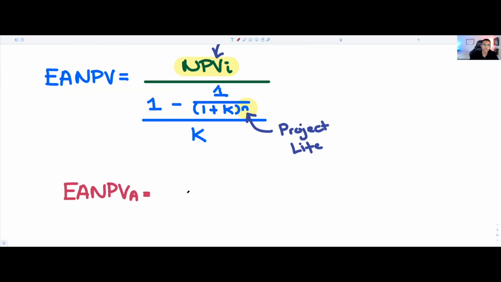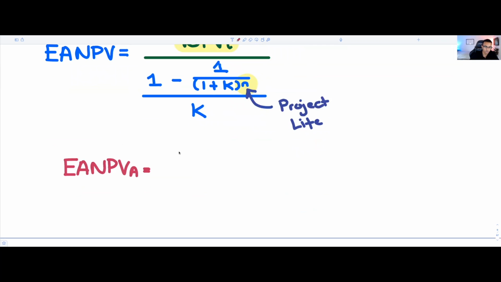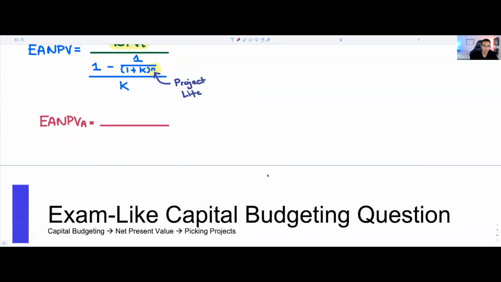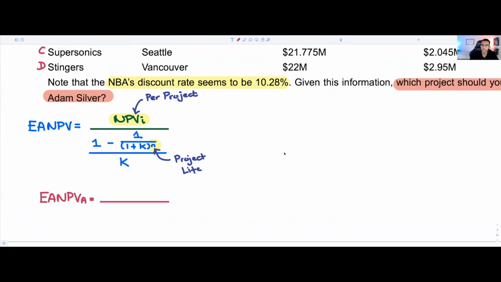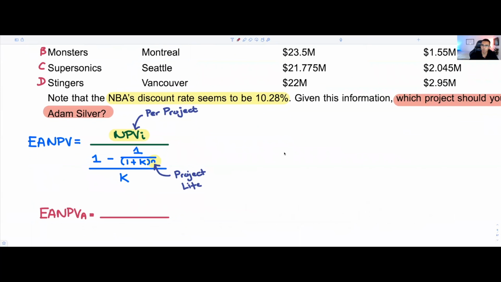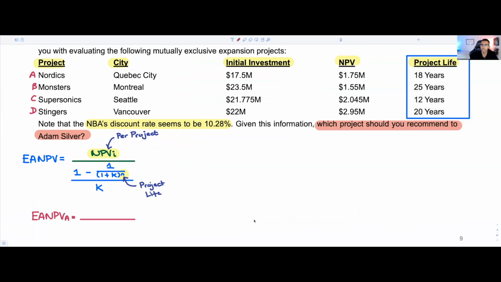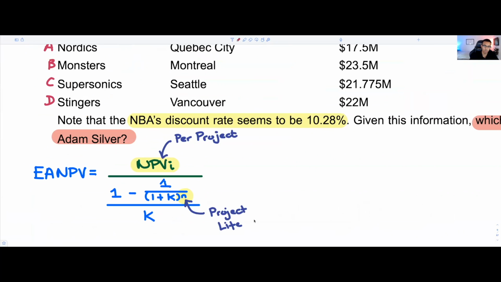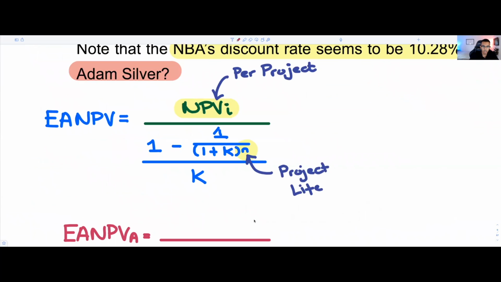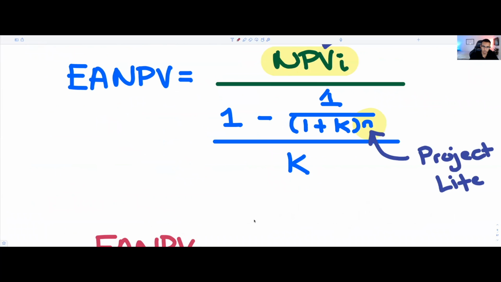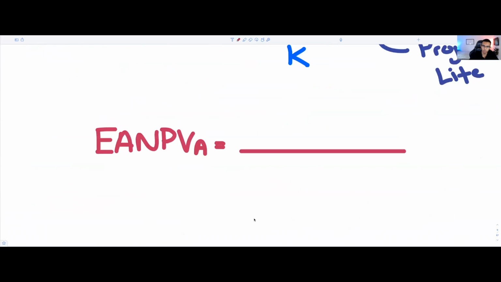All right, I'll show you an example of how we would go about it. We zoom out to find all of our numbers. We know that the NPV of project A is 1.75, and the N of project A is 18 years. I'm going to put just 1.75 rather than a million; it'll be the same thing.